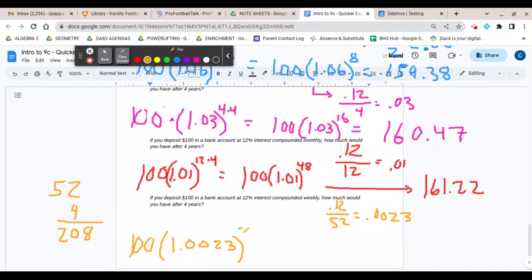So now we're going to raise this to the 208th power. Now we're going to have $161.26.